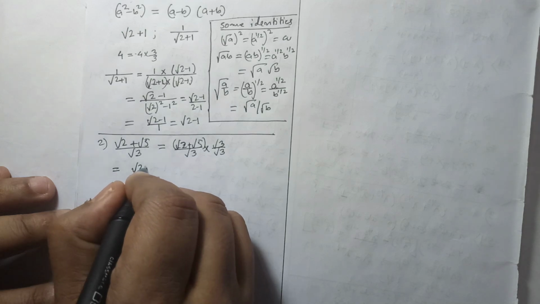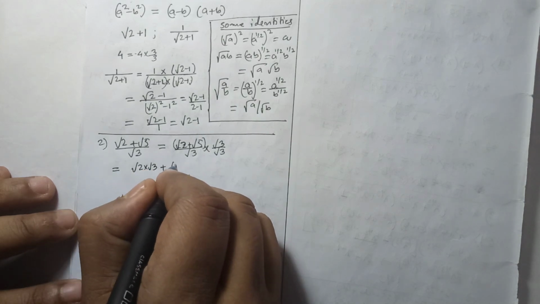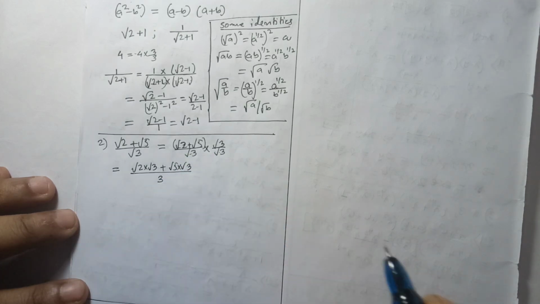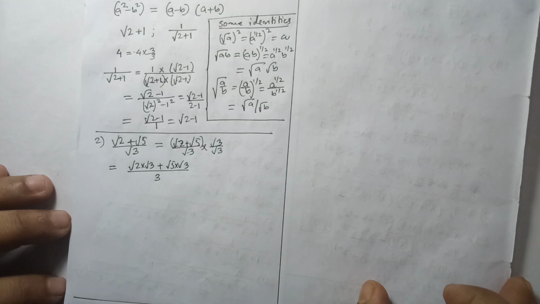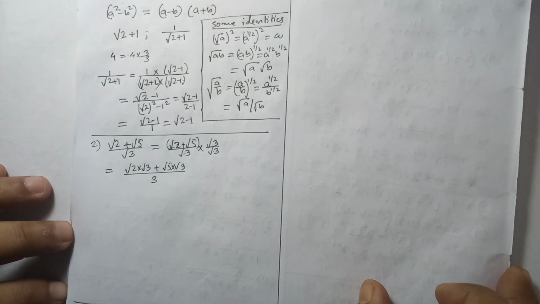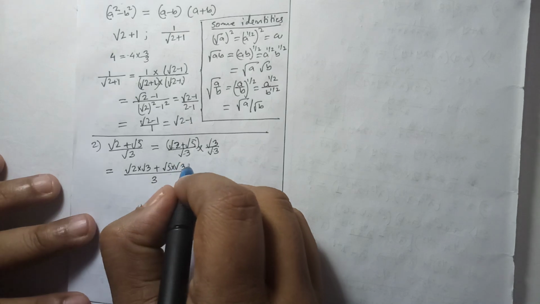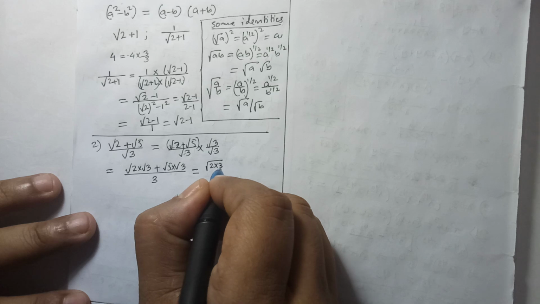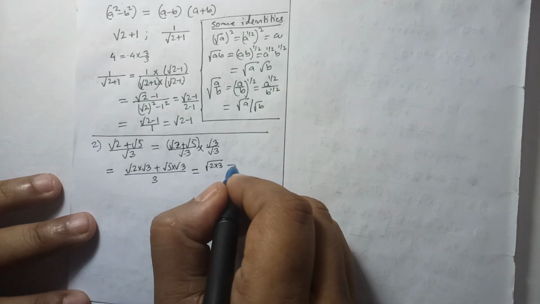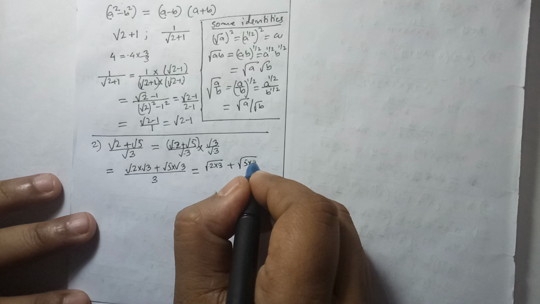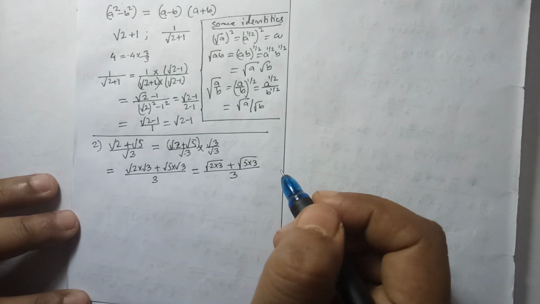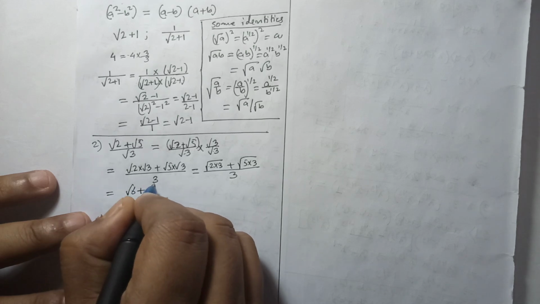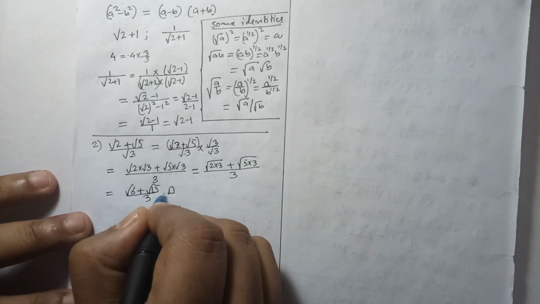Root 2 into root 3 plus root 5 into root 3 by root 3 into root 3, which is 3. So this is equal to root 2 into root 3, which is root 2 into 3. Root a into root b is equal to root over ab. Plus root 5 into 3 is root 15, by 3. So therefore it is root 6 plus root 15 by 3. This is the answer.